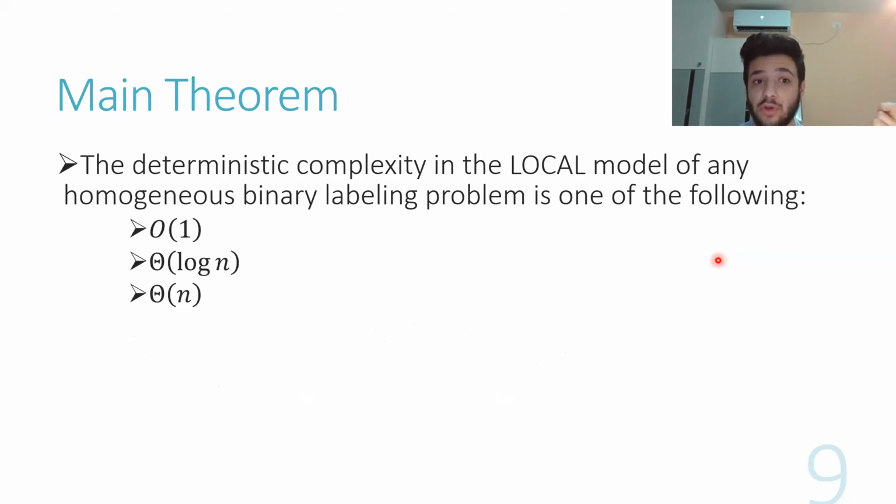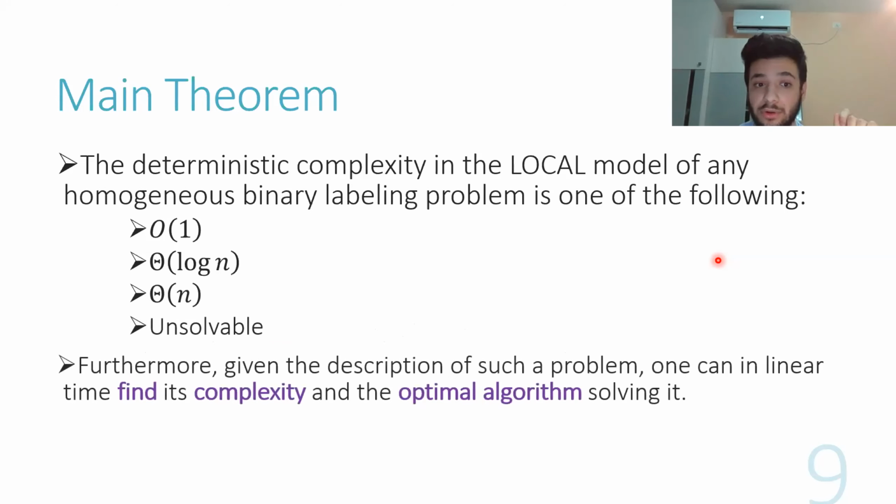Then from Θ(log n), we immediately jump to Θ(n), and lastly, we have unsolvable problems. Furthermore, given the description of a binary labeling problem, we can find very quickly both its complexity and the optimal algorithm solving it.